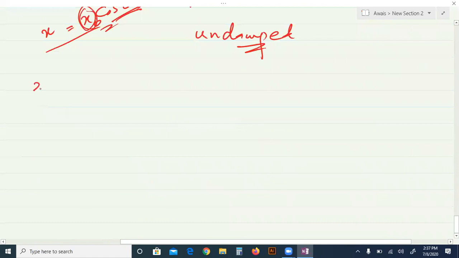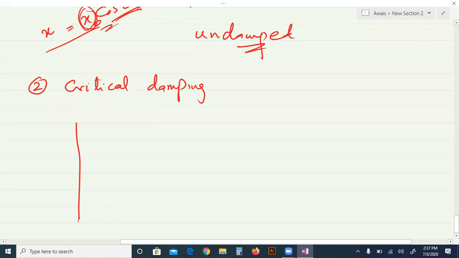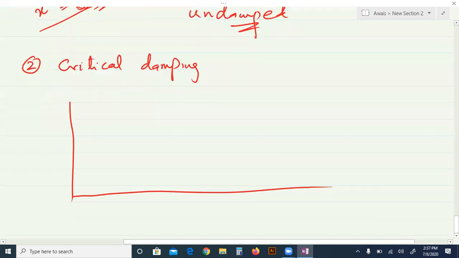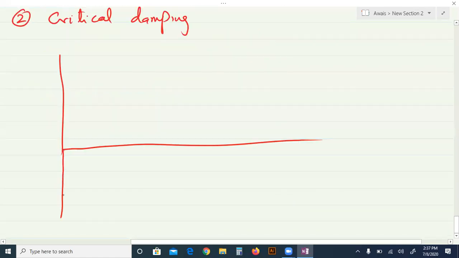Now, number two is called critical damping. Suppose the pendulum is displaced from the mean position, it is released and stopped exactly at the mean position.